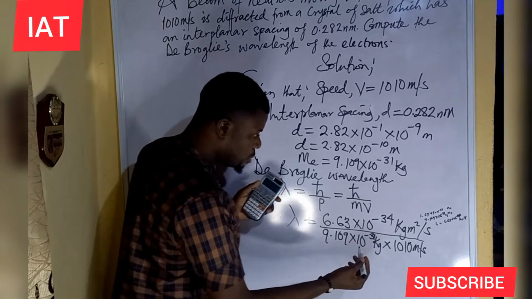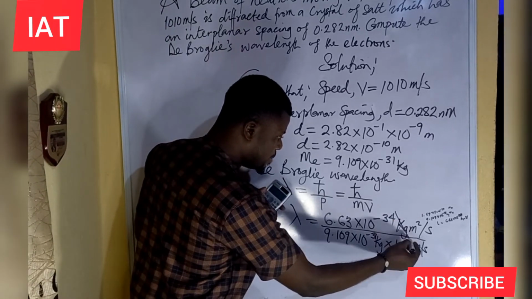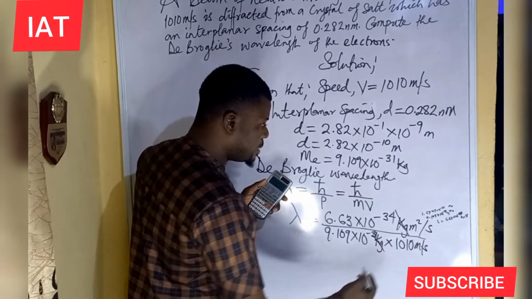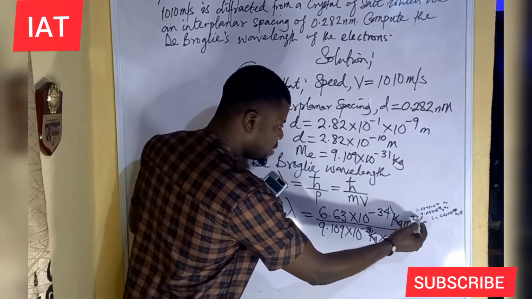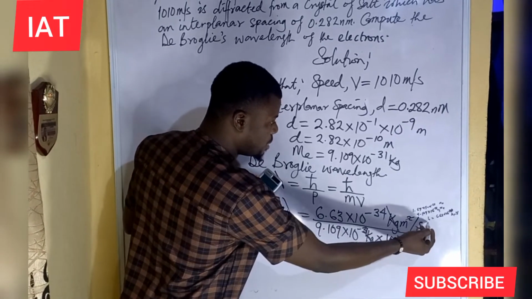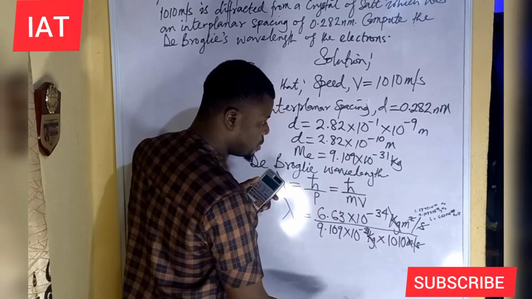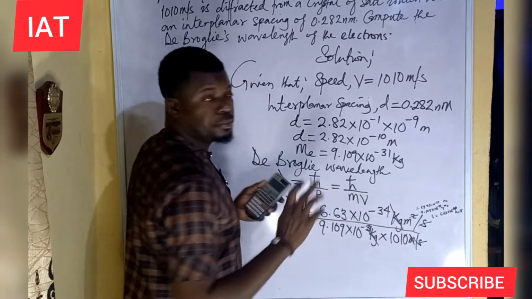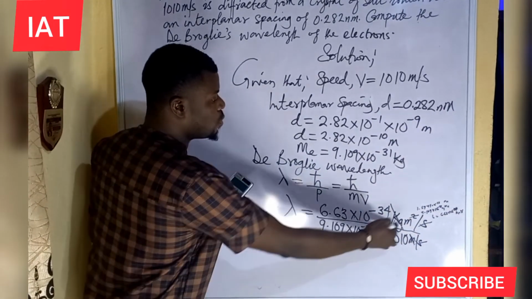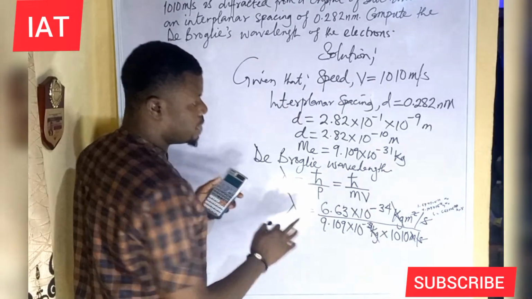At this point, know that this kilogram can easily cancel out with this kilogram, and there are 2 meters here, which you can reduce, and the seconds can also be reduced. What is left here is just meters. So by the time we divide this expression, we have the unit to be in meters.